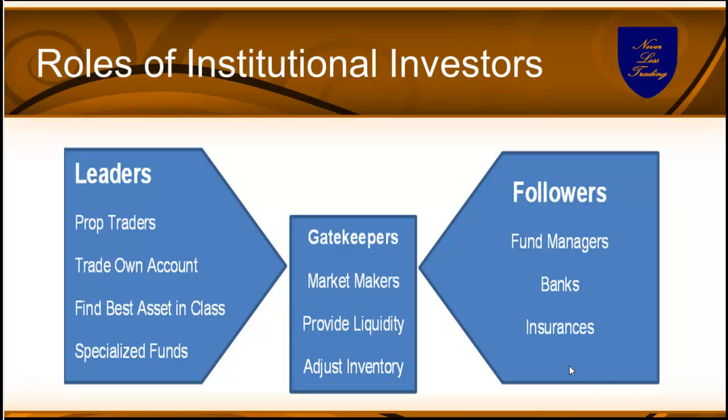And it's not that they only play one side, many of them play in more than one turf, but they try with a certain strategy to interact to their best interest. Yeah, the prop traders, they trade their own account, they usually look for the best asset in class. Where do we want to accumulate? What do we want to dispose out of our portfolio? Because they also offer a lot of specialized funds, which go back here to the banks and other insurance companies. So they lead the market with their action.